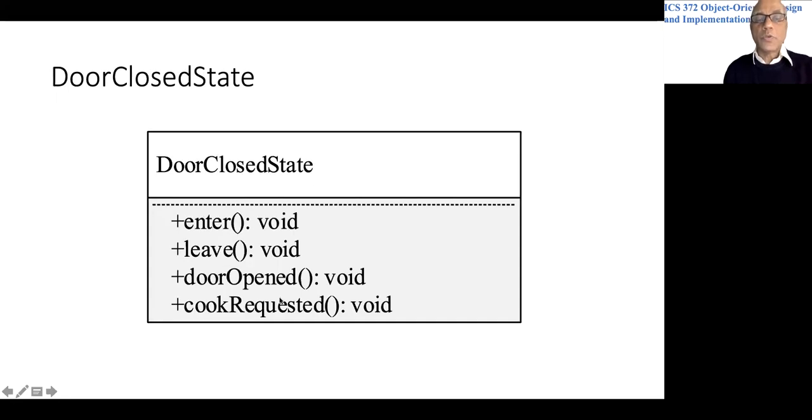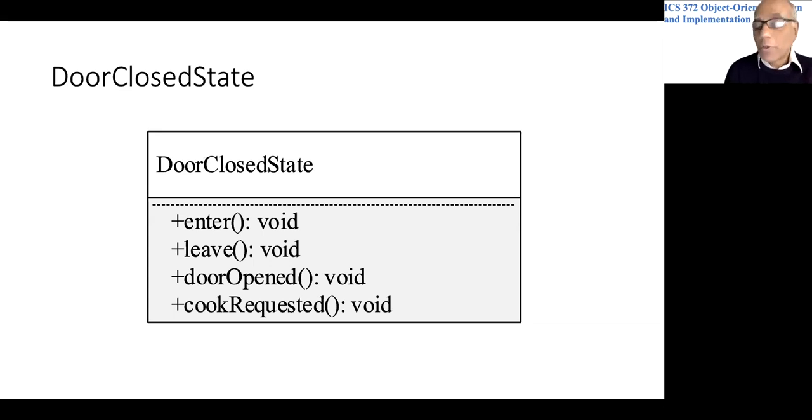So this is what we would do in the door closed state. In the door closed state, we need to worry about the door being opened and a cook request being issued. We don't need to worry about closing the door.